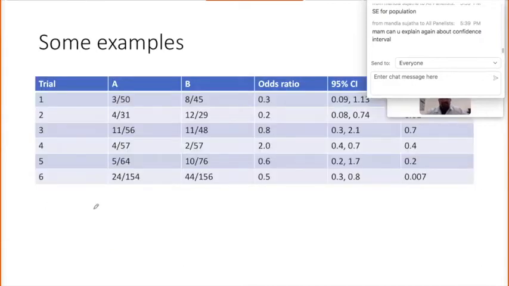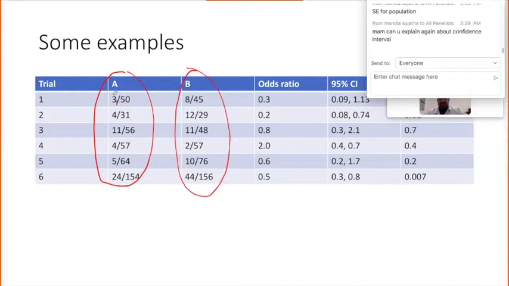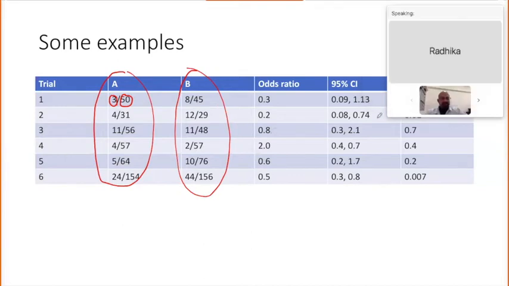So this is just an example. We were talking about A and B. Let's say that there are two groups in this, A and B. These are the numbers of deaths, and these are the numbers of total denominator patients in this group. This is trial number 1, and there are 6 different trials which are listed here. These are the odds ratios that were found, these are the 95% confidence intervals, and these are the p-values.